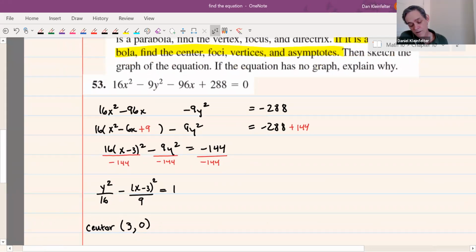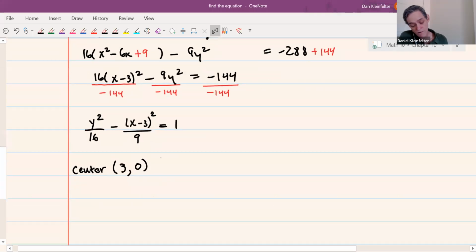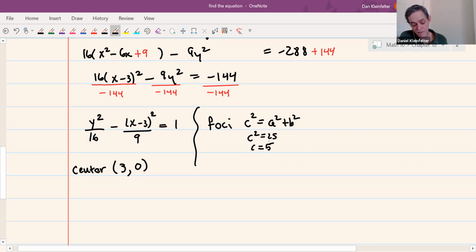We wanted the foci next. For the foci, c squared is a squared plus b squared, right? So c squared is 25, and so c is 5.